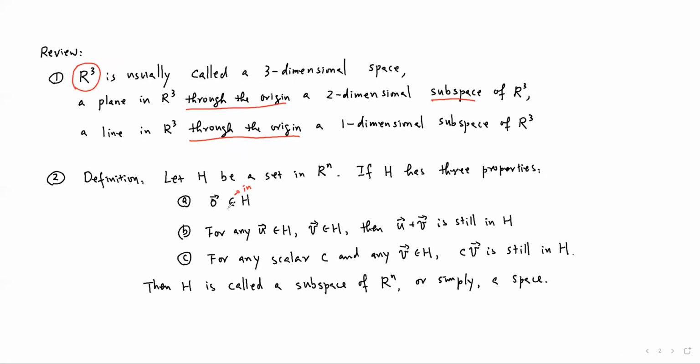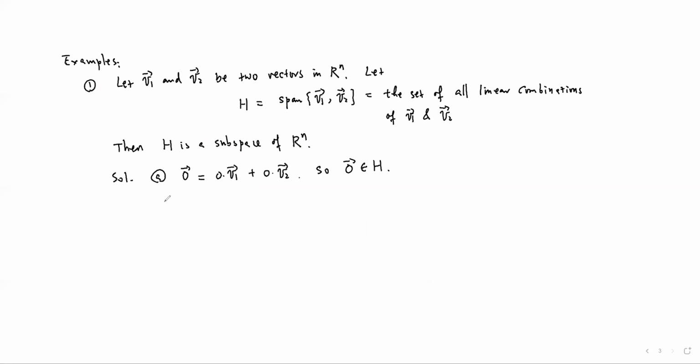Property A is satisfied. Now, property B. Arbitrarily pick two vectors from H. The sum should be still in H. Say U is from H. H is the set of linear combinations of V1 and V2.